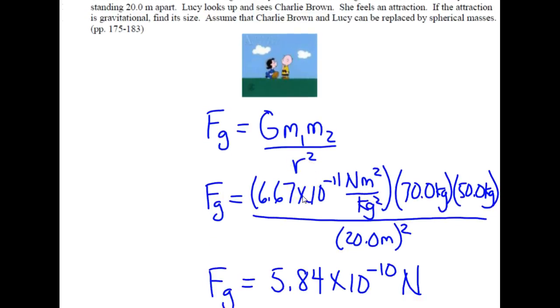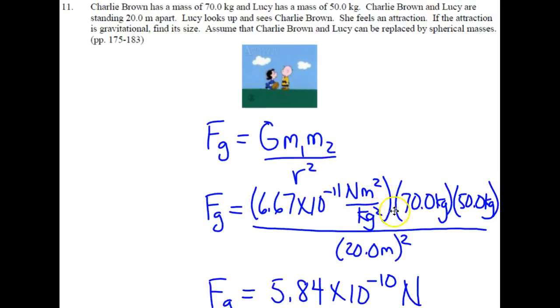We make our substitutions. Big G off the reference table, 6.67 times 10 to the negative 11 newton meter squared per kilogram squared. M1 can be Charlie Brown's mass of 70 kilograms. M2 can be Lucy's mass of 50 kilograms.